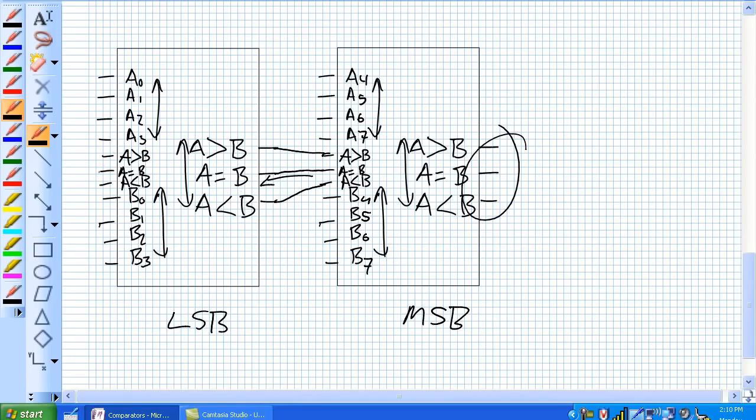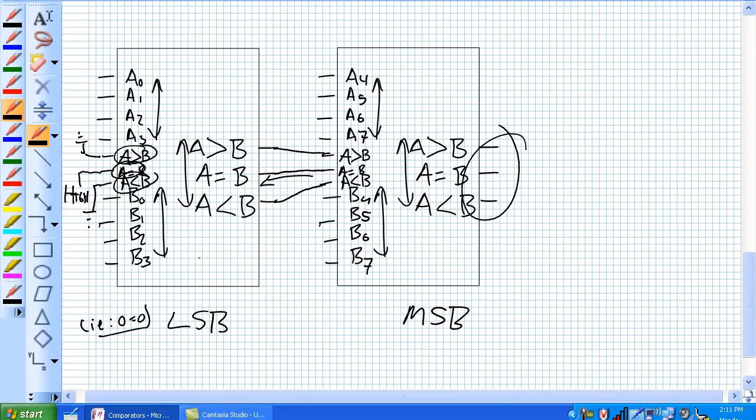The key thing is that on the least significant comparator, this input has to be +5, or high, because 0 equals 0; it's already starting off in an equal state. And these others have to be tied to ground, because for the lower order stage there is nothing unequal; it is equal.